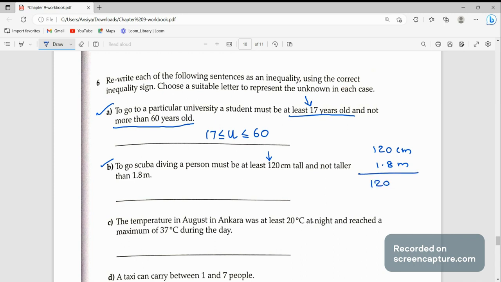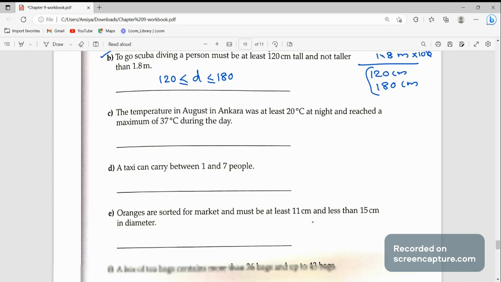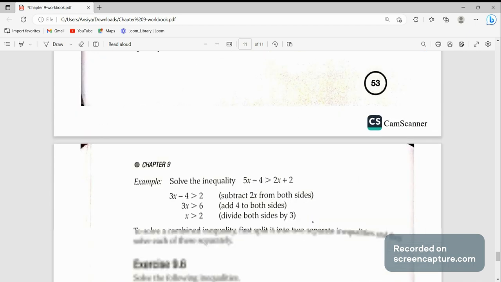So 120 centimeters and 1.8 meters means multiply by 100. One decimal place is there, so 10 and the decimal will go, and then 180 centimeters. Okay, so 120. This is scuba diving, so I'm giving D: 120 less than or equal to D less than or equal to 180. Like this, we are converting the given sentence to an inequality.